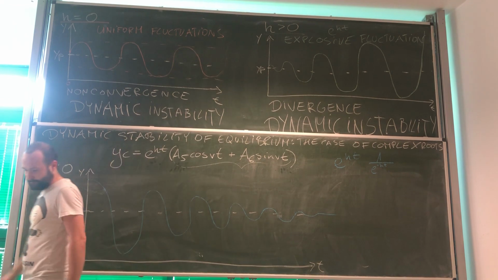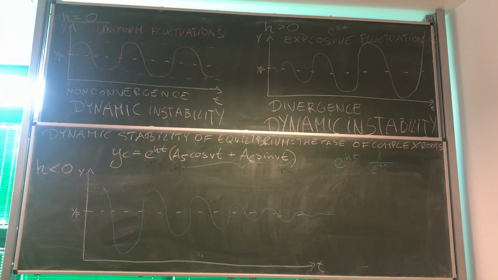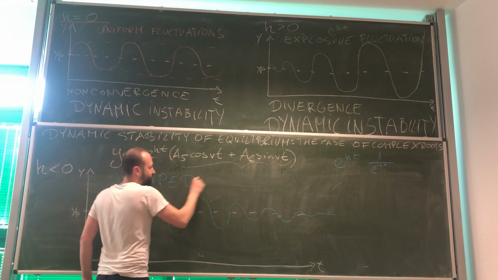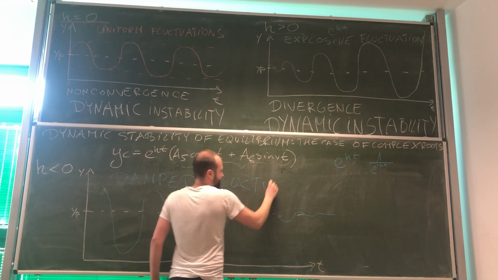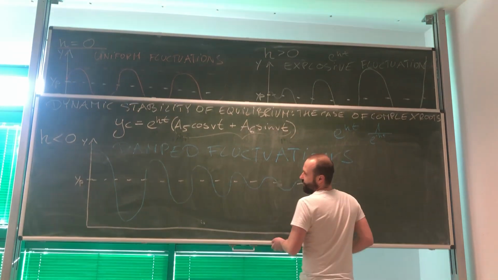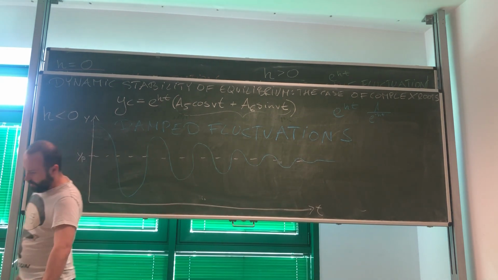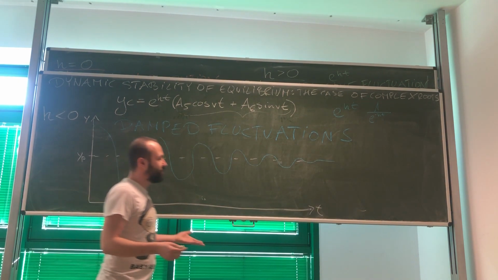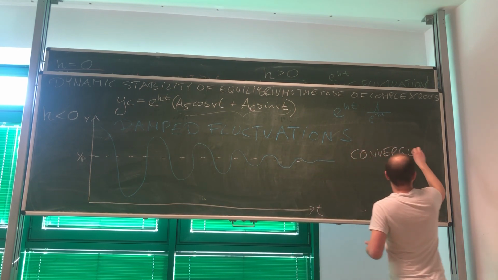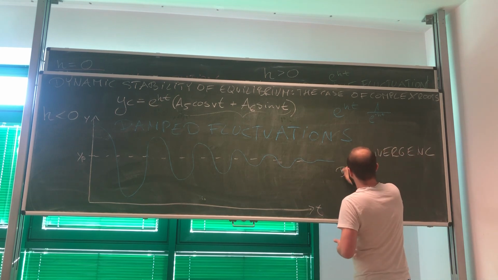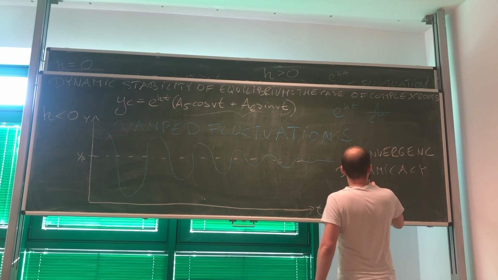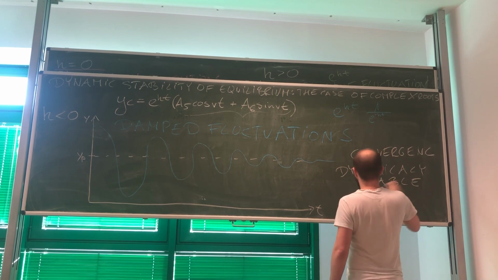So this case we're going to call damped fluctuations. And this is the situation in which we will have convergence and dynamically stable equilibrium.